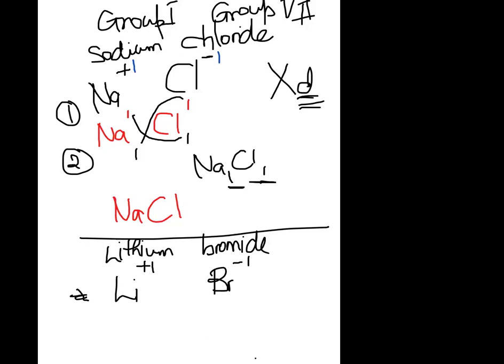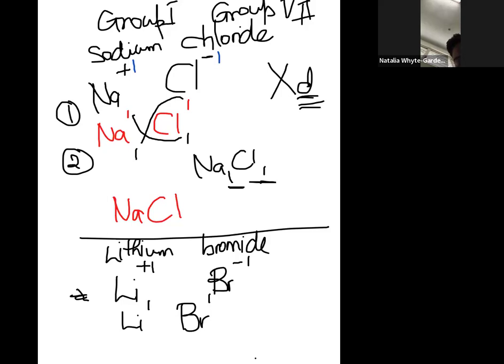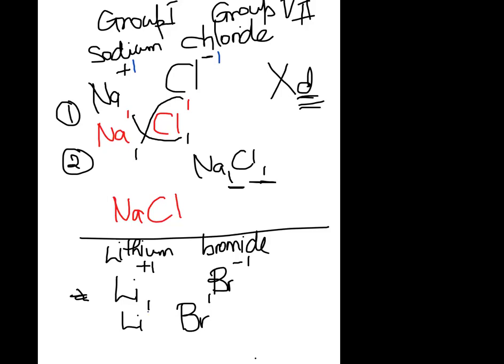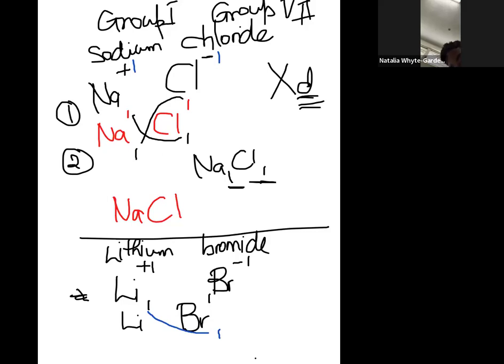So you will rewrite the formula by writing Li1 and Br1. Then this is the next tricky part. Get your arrow. I swap, and the number up here goes as the subscript down there.